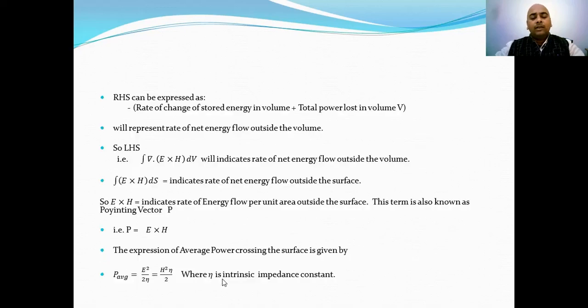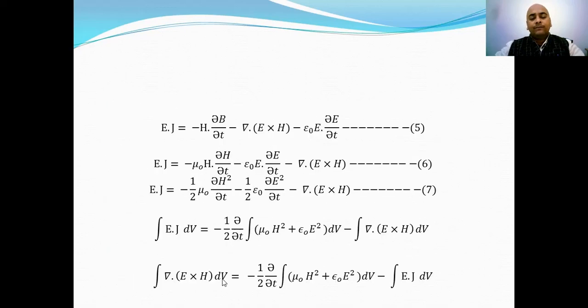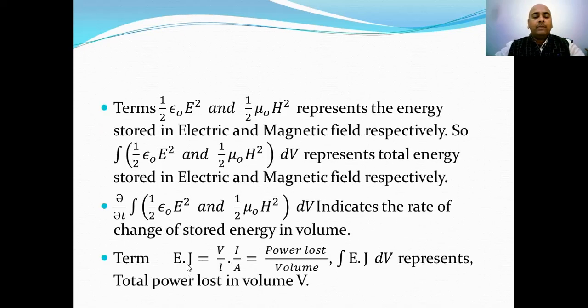Similarly, the third term, which is E dot J into dV, can be written as, we know that the electric field is V by L, and J is the current density, which can be written as current per unit area.